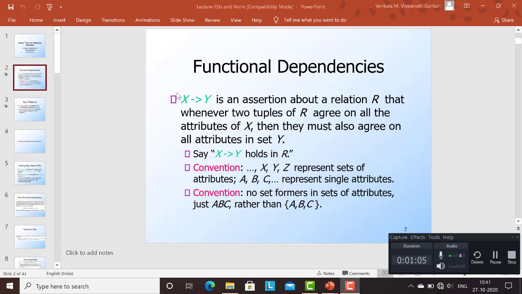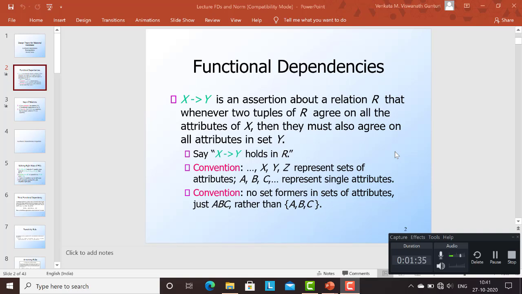Another example could be that let's say you are making an application for a railway reservation system. Then given a train number, date, and maybe coach and berth number, you need to uniquely identify who is the passenger that is going to sit on that berth for this particular date, right?